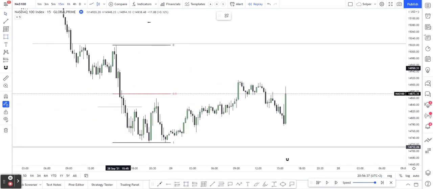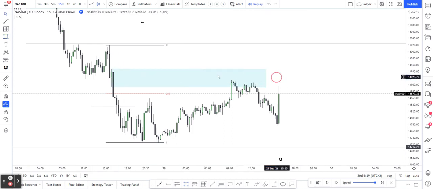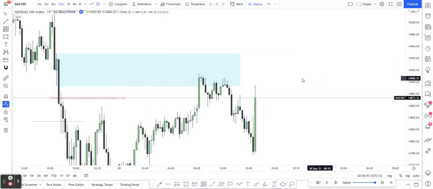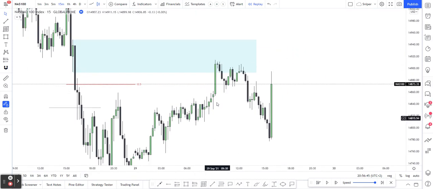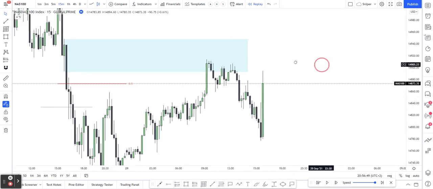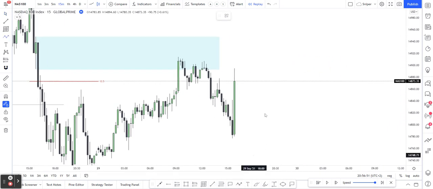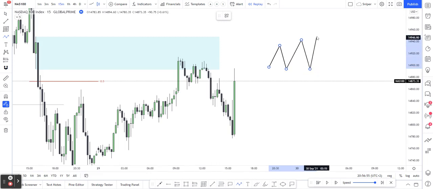Yes, so on the lower time frames we have this order block, and price has been tapping into it and respecting it. From a liquidity point of view, this is valid, because when we see price tapping into an order block, we want to see it tap into an order block via liquidity. So if we have liquidity, we're going to see price push in and then break structure.